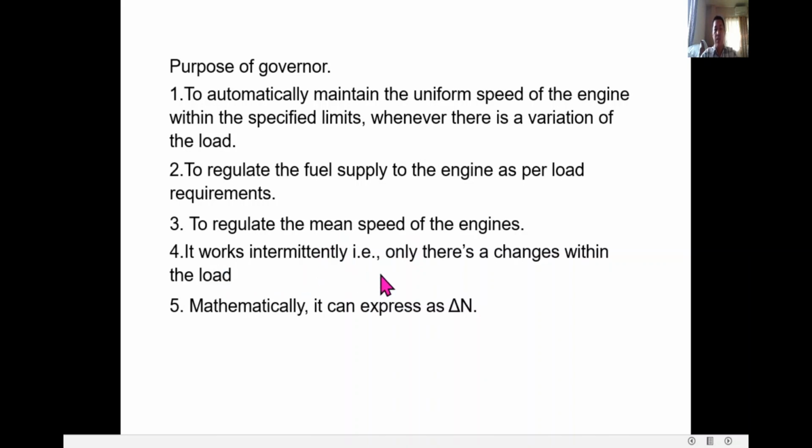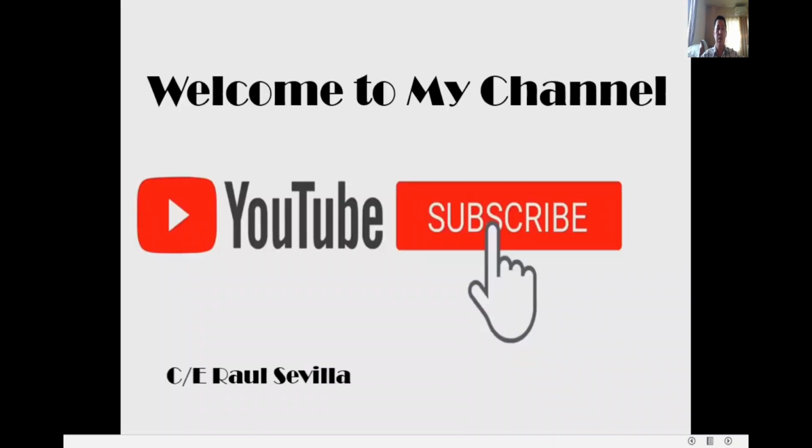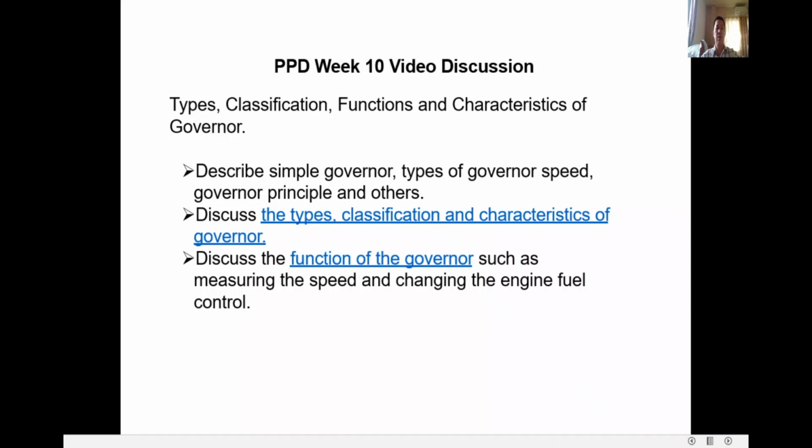Example, only when there are changes within the load, so mathematically it can be expressed as delta N, or the speed: speed 2 minus speed 1, or speed 1 minus speed 2. We're not calculating; we have to discuss only what was stated earlier.